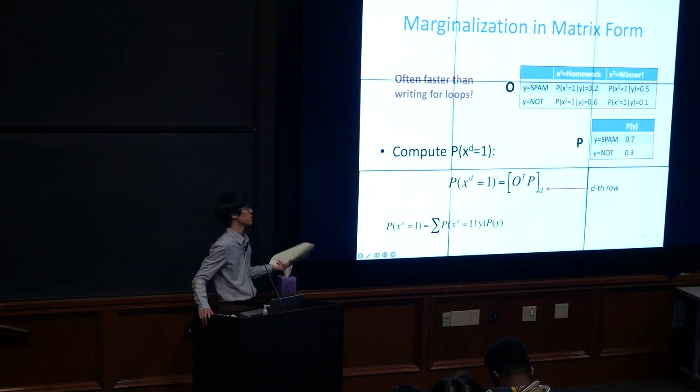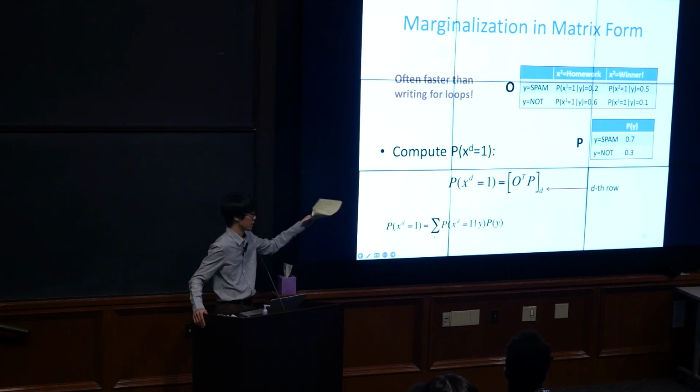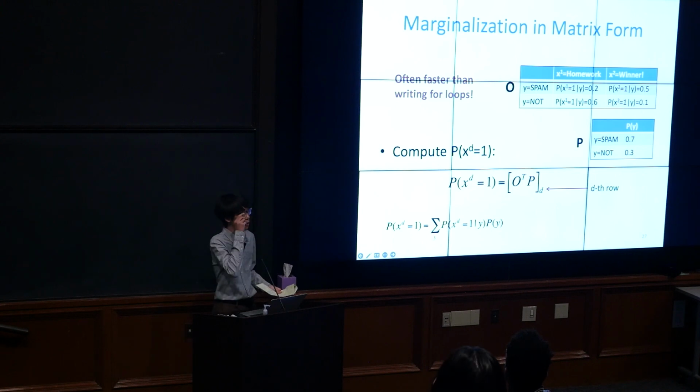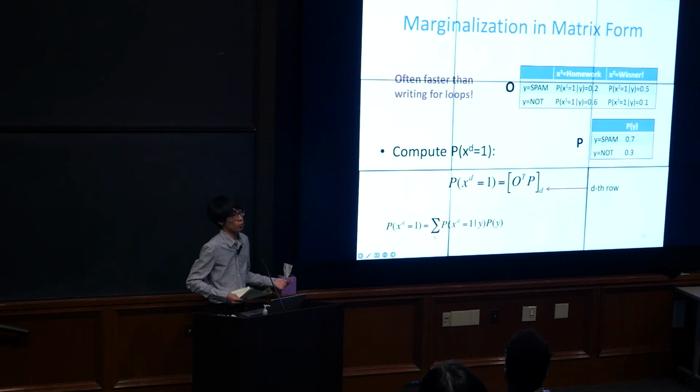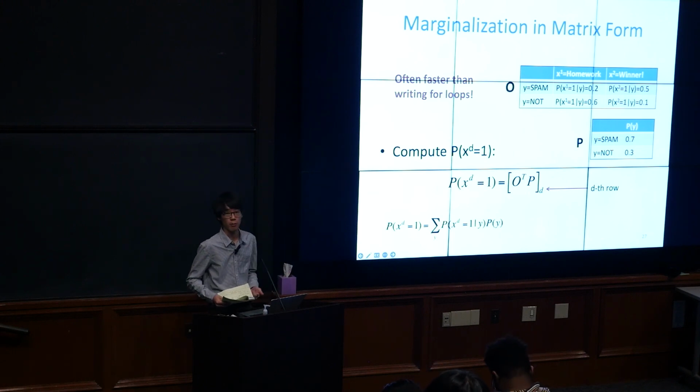O stands for observed, P stands for prior, and then we can do matrix multiplication to do the same things we've been doing so far, to make the predictions and calculate the parameters. This is how you would parallelize. CPUs have dedicated instructions for matrix arithmetic, and Intel has an MKL library, things like that. We're just pointing out that you can do this in matrix form if you want to.